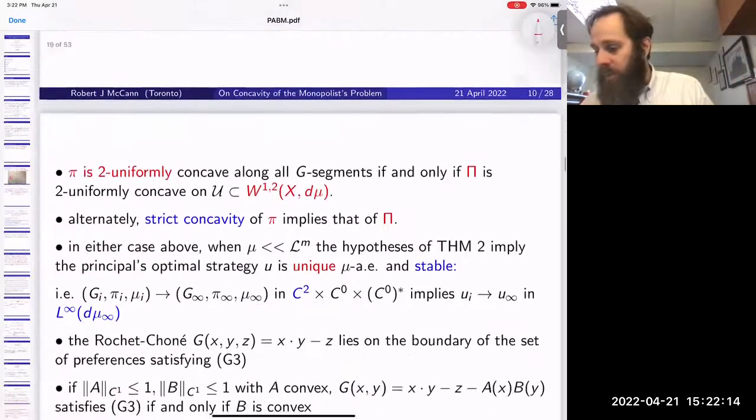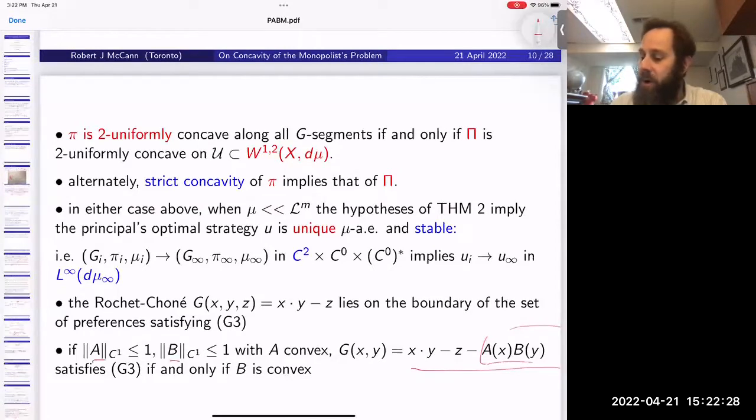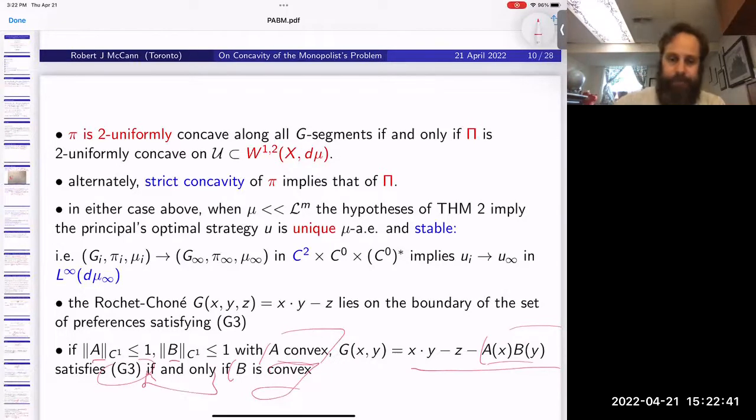That's why you're in a borderline case. If you want examples that are non-borderline, you can get them by perturbing Roche and Chenet's example by a product of a function of the agent type and a function of the product type. As long as these functions are not too large, with a bound of 1 on their Lipschitz constants, then if the first function is convex, you need the second function to be convex if you want to respect G3, and that's if and only if.